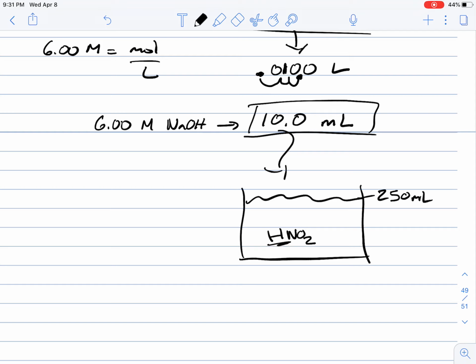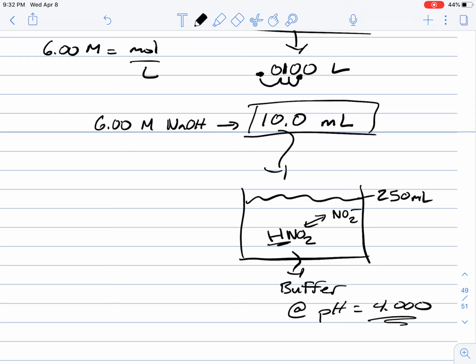So some amount of this is going to be converted into NO2 minus, which is the conjugate base. And this whole system is now going to be a buffer. And if you measure the pH of that buffer, it should equal 4.00. And if it doesn't equal 4.00 because of human error, measurement, etc., you guys can add small increments of the acid or the base depending on how far up or how far down you are from the target pH.